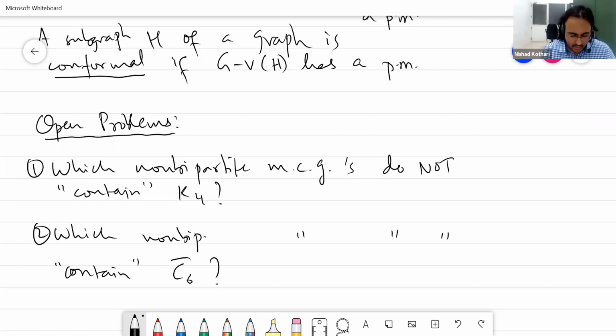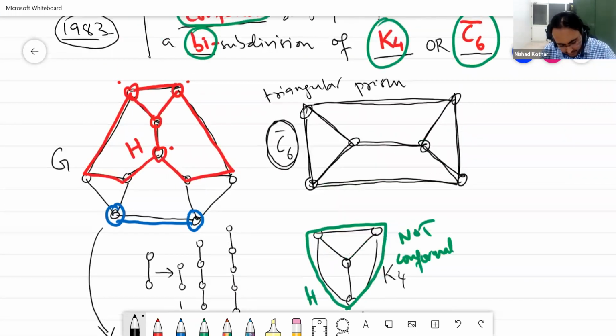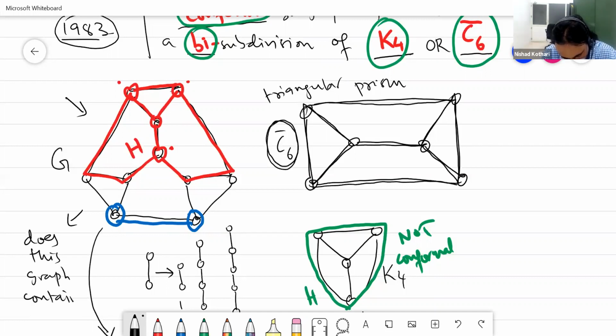Okay. And just to go back to one of the examples, this is a graph here. Look at this graph. This is a non-bipartite matching covered graph. Does it contain K4? Can somebody answer this question, please? Does this graph contain K4 in the sense that we discussed?